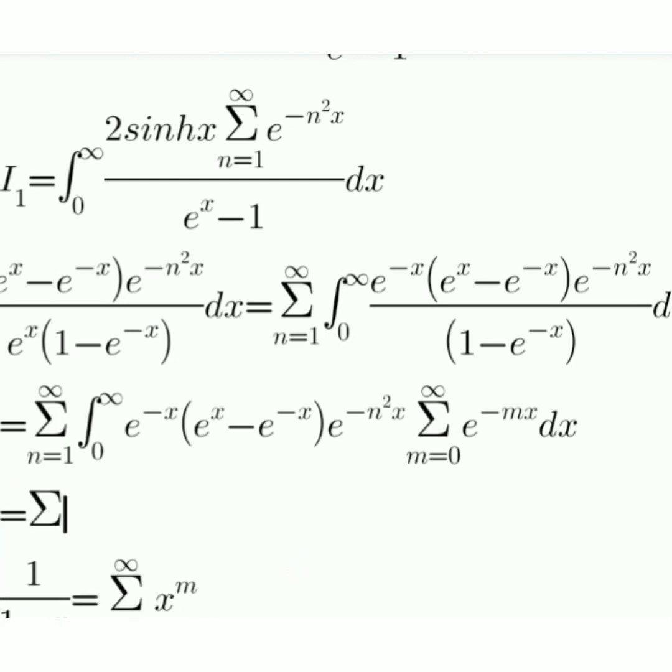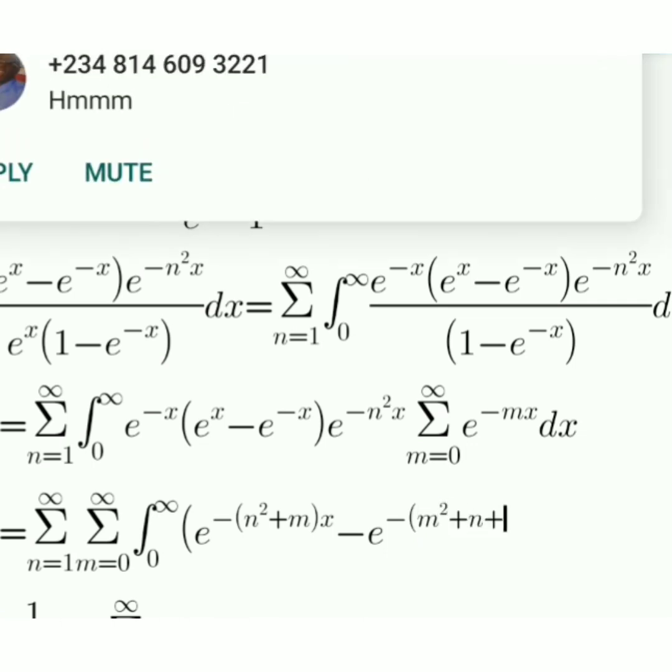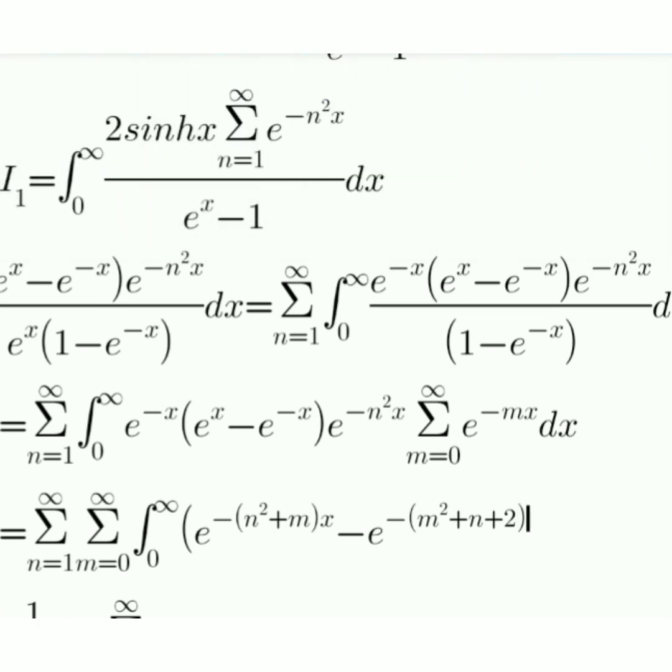Next step, I can write this as a double summation, n equals 1 to infinity and m equals 0 to infinity, integration 0 to infinity of e to the power minus n square plus m times x, minus e to the power minus m plus n plus 2 times x, dx.